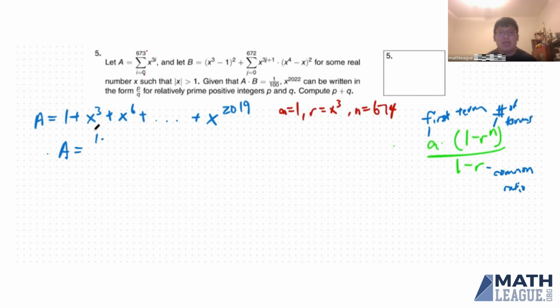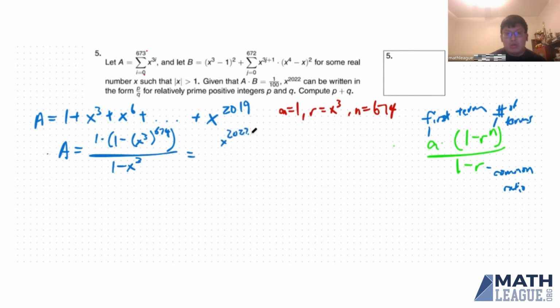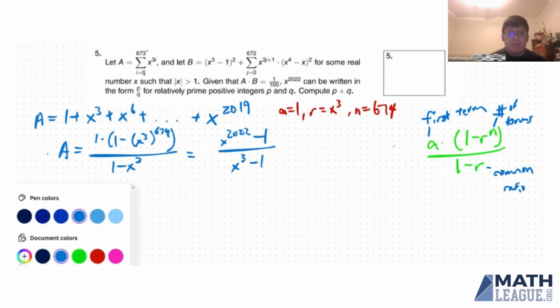So that gives that A is equal to 1 times 1 minus x cubed quantity to the 674th power over 1 minus x cubed. So this is equal to x to the 2022 minus 1 all over x cubed minus 1. Now let's see what we can do with B.